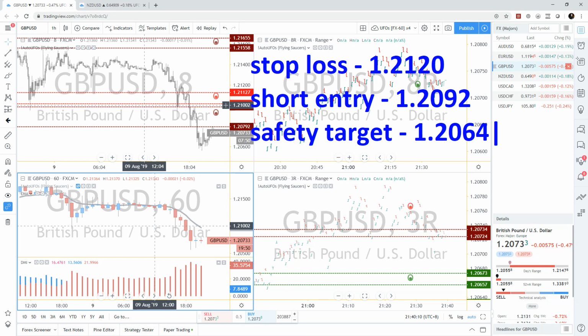And the only thing left would be the final target. As we said, for the final target for this trade, we will simply not use it, and we will just keep trailing the stop based on evidence, as we have in our flow chart.